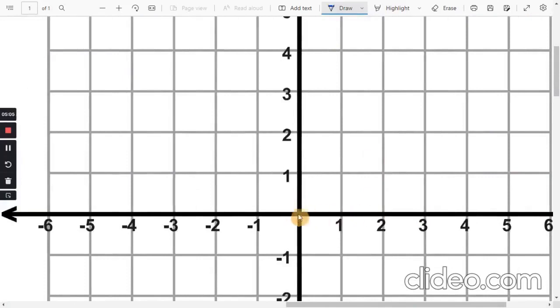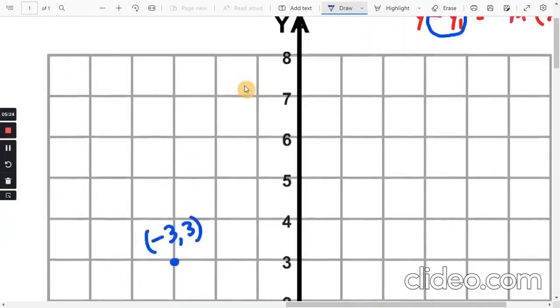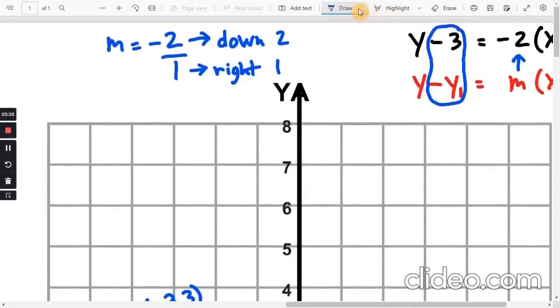Here's the x-axis. -3 is right here, and y equals positive 3 right here. So that's the starting point, -3, positive 3. I'm going to label that point -3, 3.